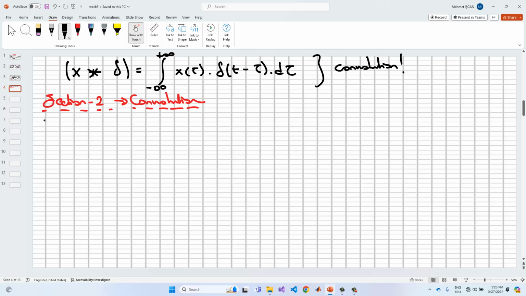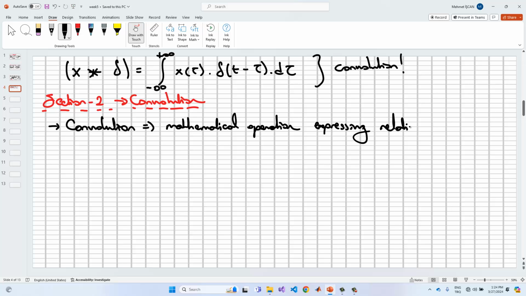The convolution is defined as a simple mathematical operation expressing the relationship between two continuous signals to produce an integral.